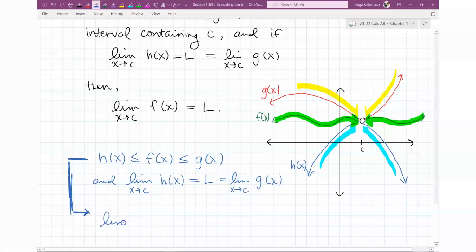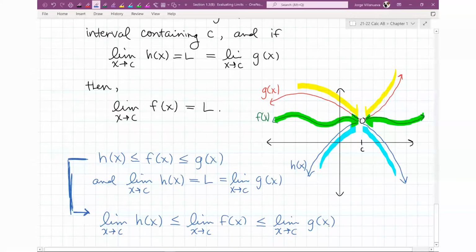So the limit as x approaches c of h of x would be less than or equal to the limit as x approaches c of f of x, which would be less than or equal to the limit as x approaches c of g of x. I mean, that's perfectly legal, right? Like you can multiply all the functions by 3.